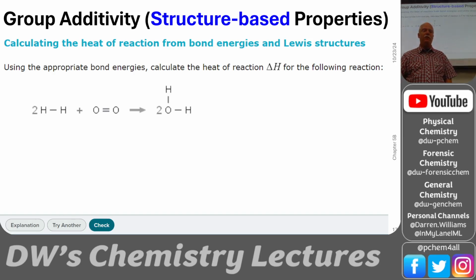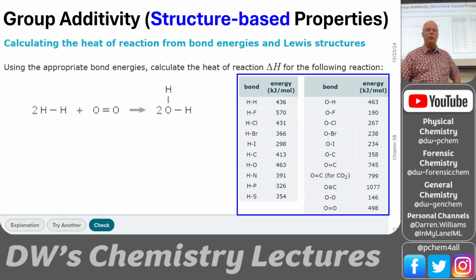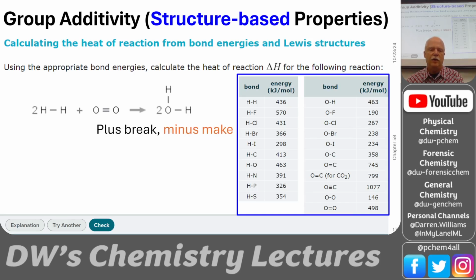Okay, let's do another one. This is just forming water, but it's an example. So 2 hydrogens and an oxygen and 2 waters. Okay, so here's our table. I just did this one straight away, so you don't have to draw the big diagram that I was doing. But here we've got the break is plus and the minus is make, and so we've got two HHs.